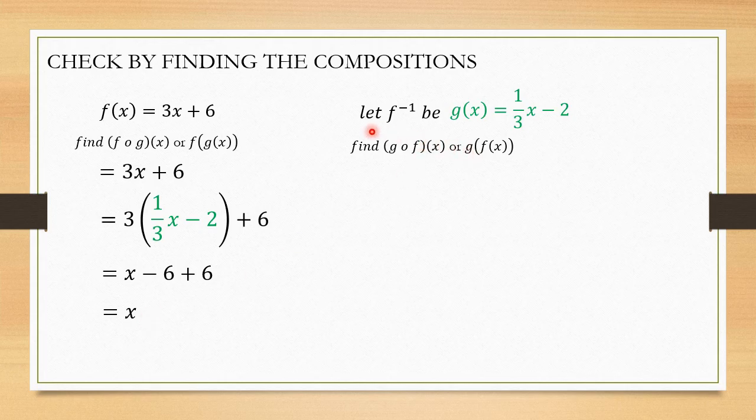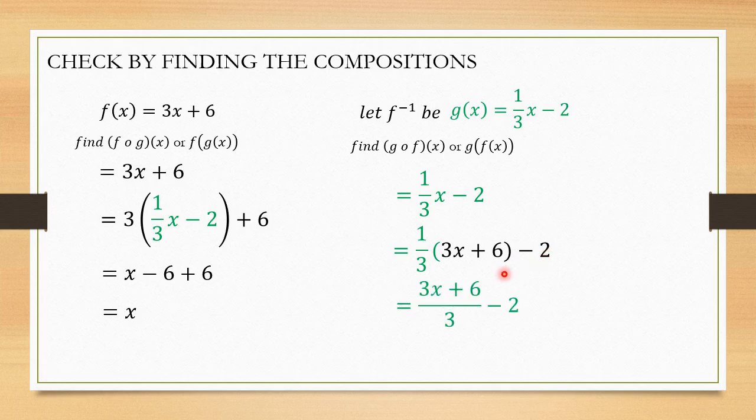Now let's have g of f of x. So from this function, sa-substitute naman natin yung original function kanina. 1 over 3 of x minus 2. By substitution, it will become 1 over 3 times 3x plus 6 minus 2.